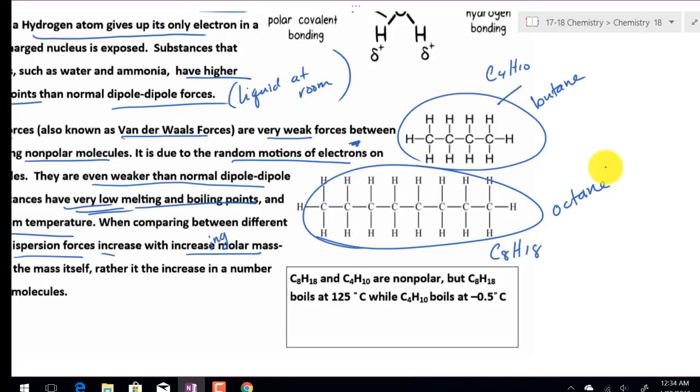And it turned out this force is so strong that now you can actually see the difference in terms of their boiling point. Because octane is a lot larger, it has more electrons, it actually boils at 125 degrees Celsius. C4H10 actually boils at -5 degrees Celsius, which is a lot less.